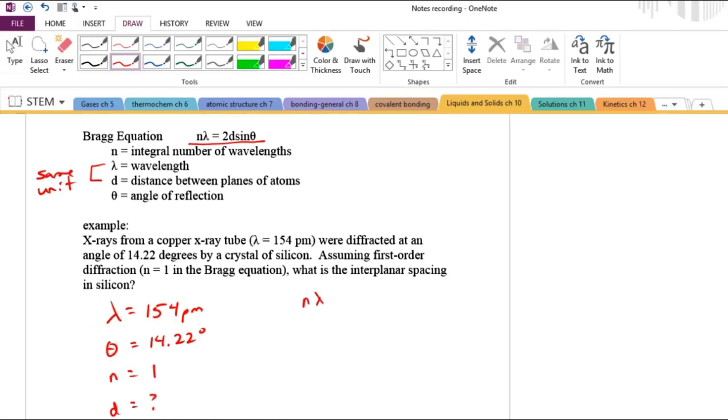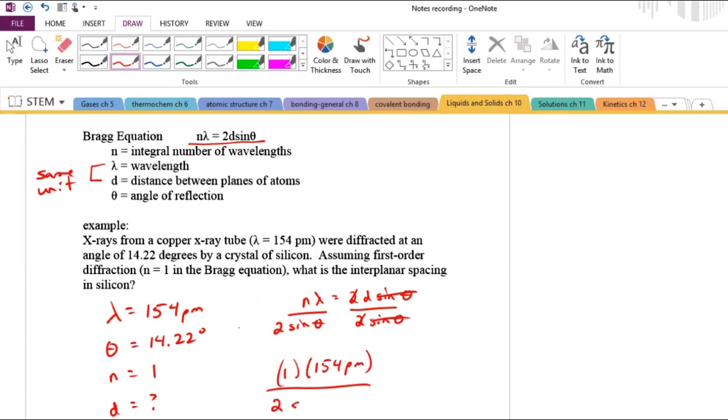So let's take our equation. And we need to get d by itself. So let's rearrange it right away. So we have 1 times 154 picometers divided by 2 times the sine of 14.22 degrees.